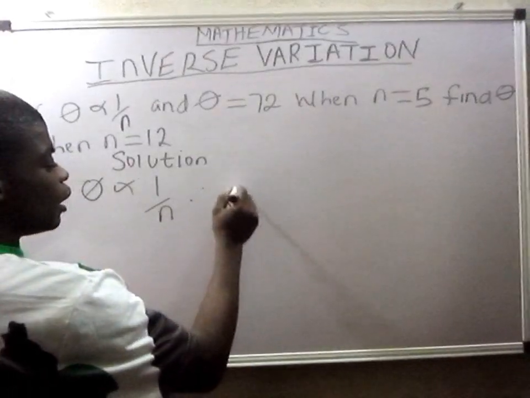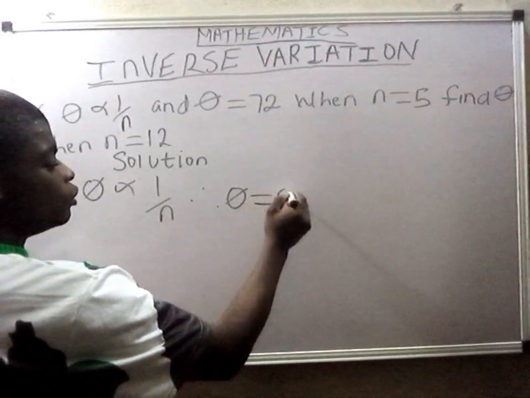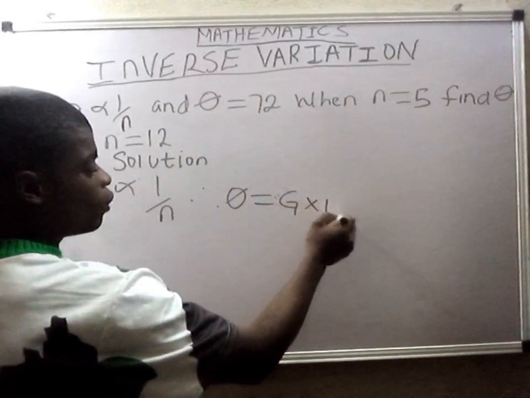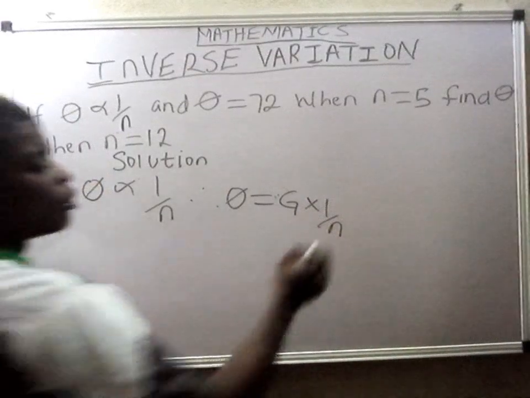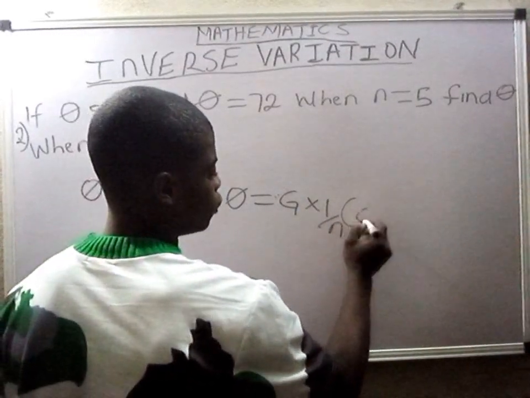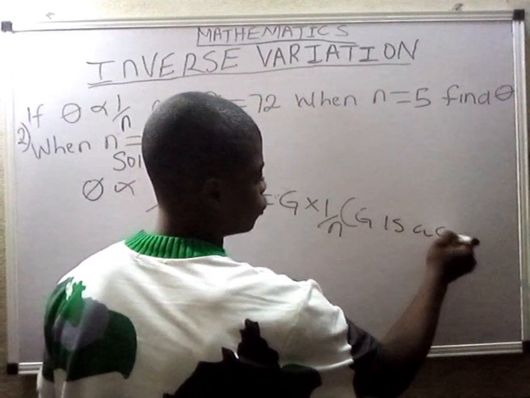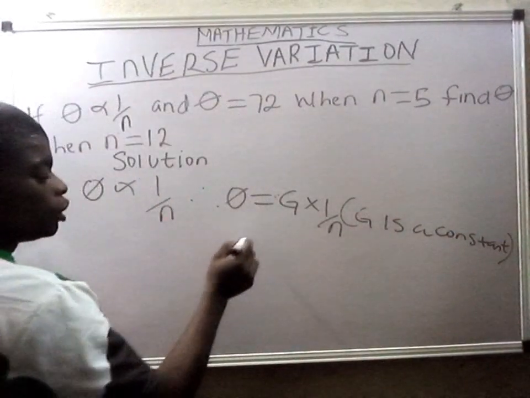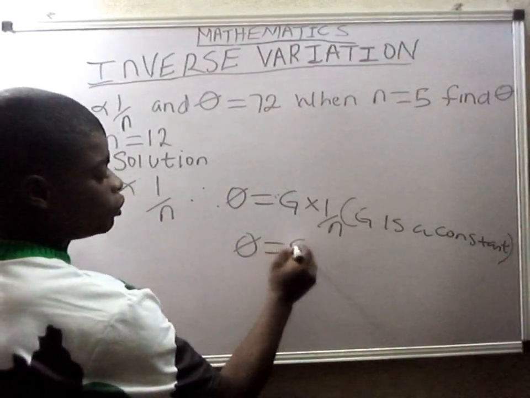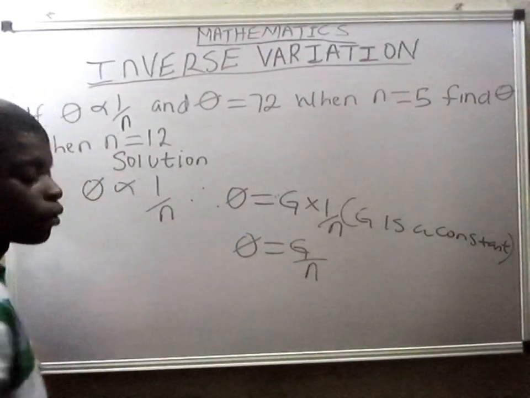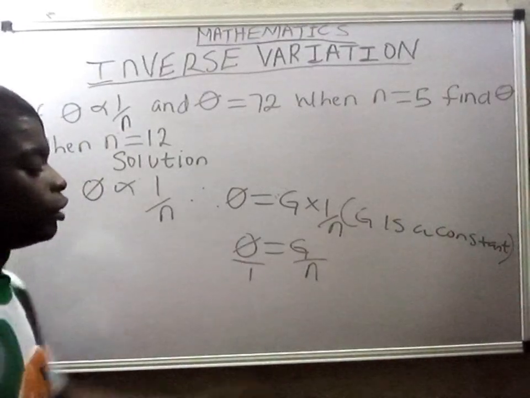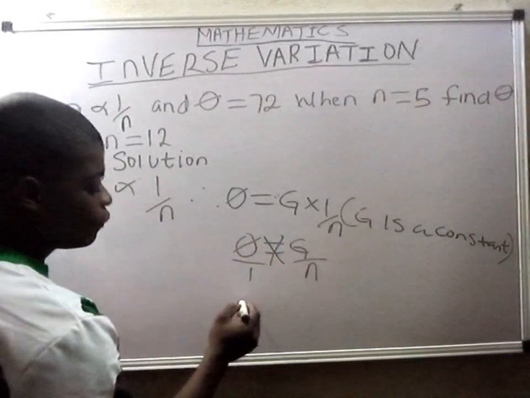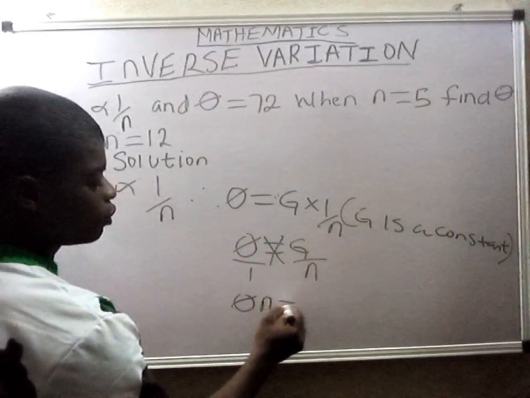So say that theta equals g times 1 over n. G is a constant. So theta equals g over n. For us to make g the subject of the formula, we cross multiply. So we have theta n equals g.